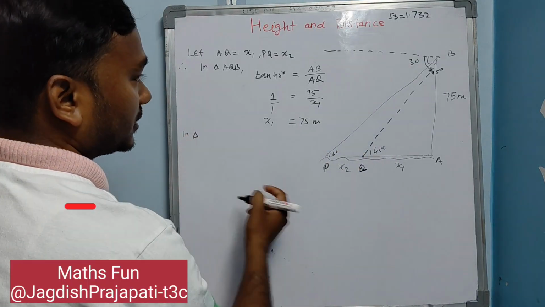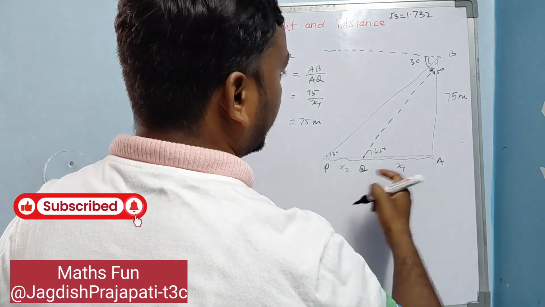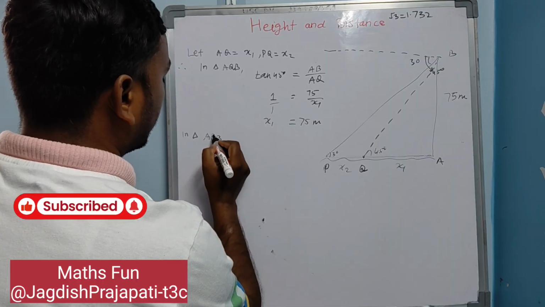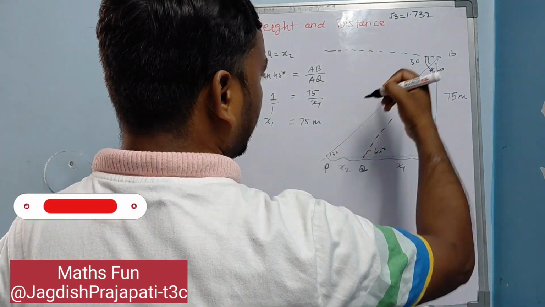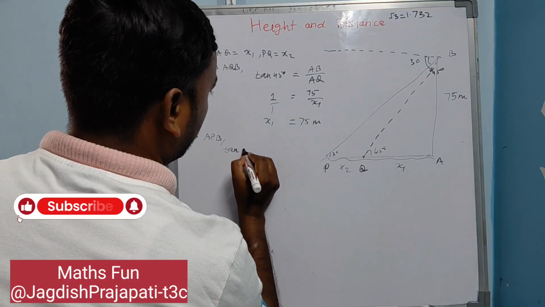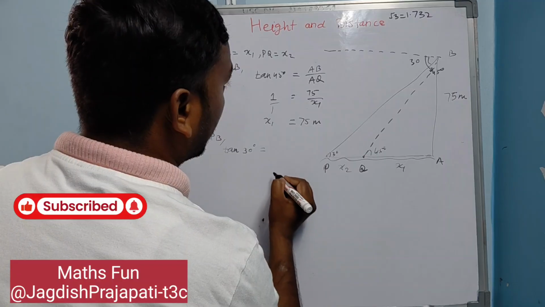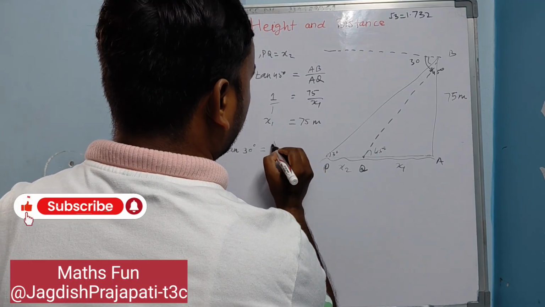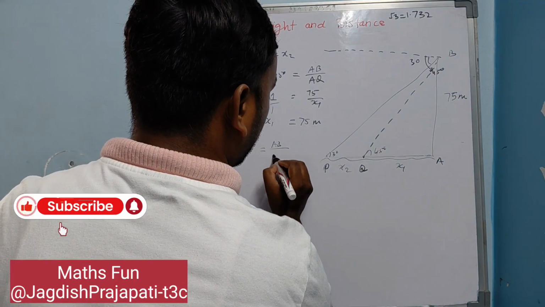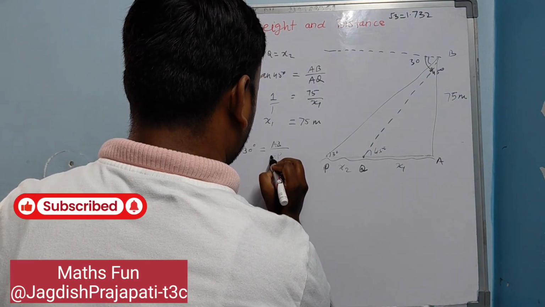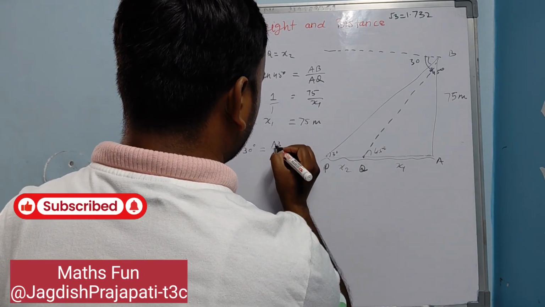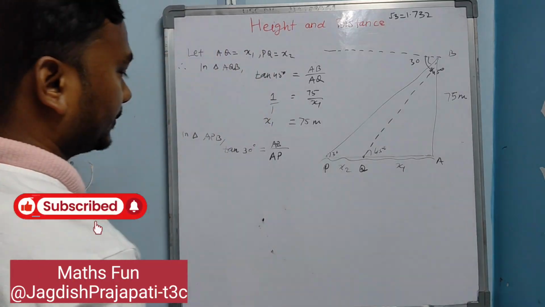Now in triangle APB, tan 30 equal to AB upon AP.